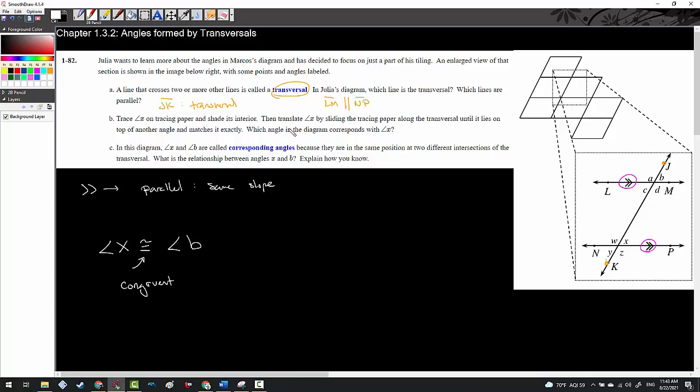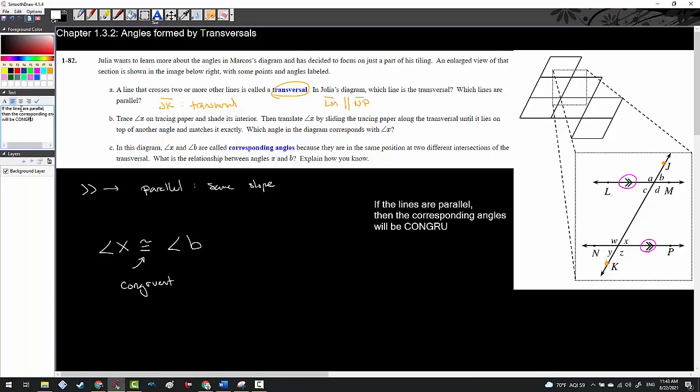So that's what corresponding angles mean. And you will get a resource page, a graphic organizer for this, but basically it says if the lines are parallel, then the corresponding angles will be congruent.